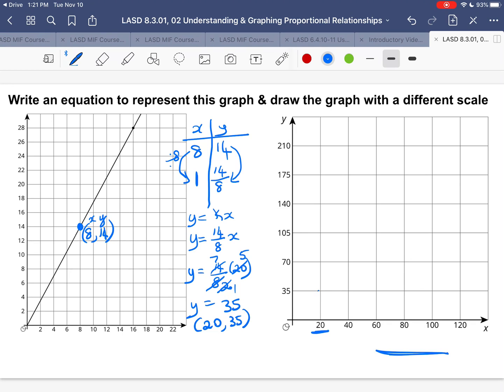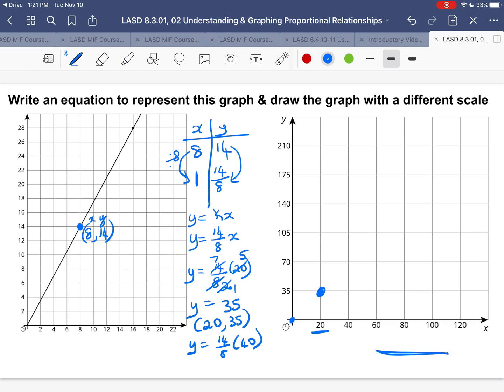So 20, 35. And I can do the same for x equals 40 to get an extra point. I mean, I have 0, 0 here, so I don't technically need another point. I can draw a line between these two, but I like to double check. So y equals 14 over 8 times 40.